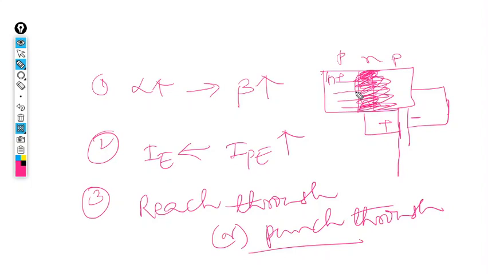In that case, we have the reach through or punch through concept. The emitter can send more charge carriers to the collector, and more power will be dissipated. If this power exceeds the rating of the transistor, it leads to damage of the transistor.